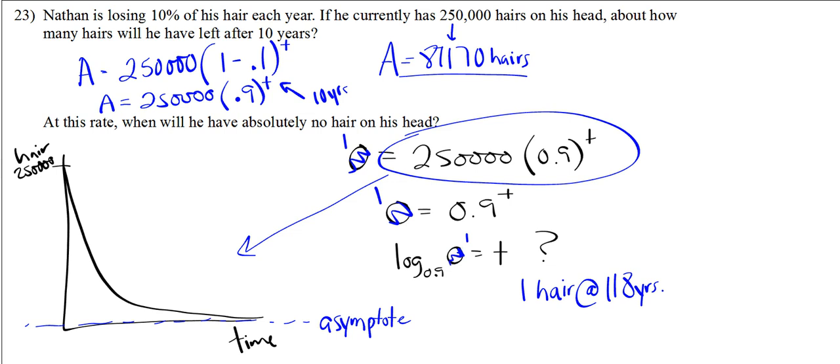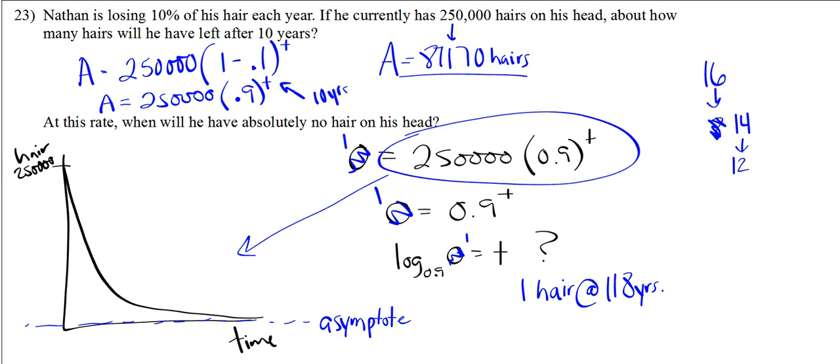Yes, because if you look at the progression, if you get down to 16 hairs, it's going to take you a year. Well, we're only losing 10%, right? So it'd take us a whole year to get to 14. And then we're going to lose 10% of that, which would get us to about 12.